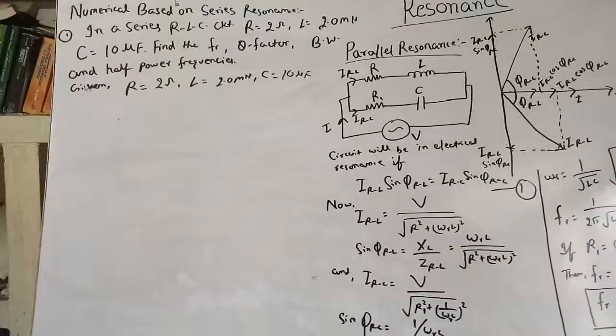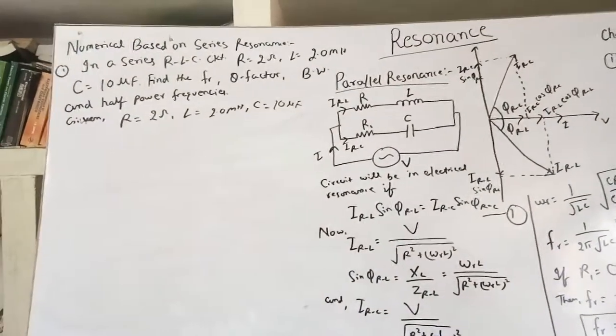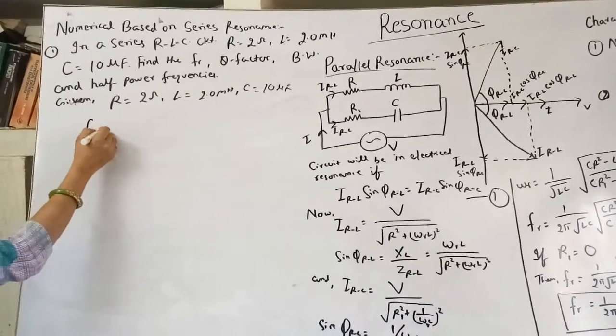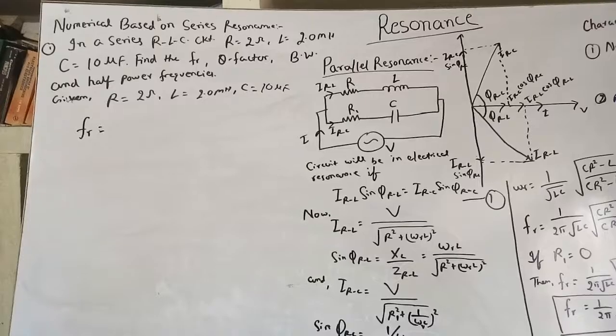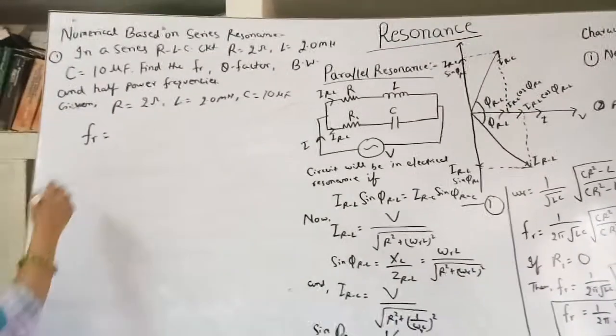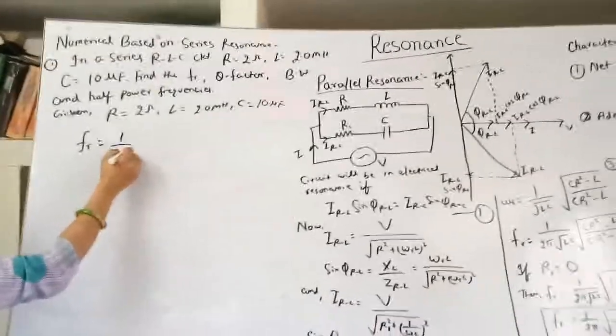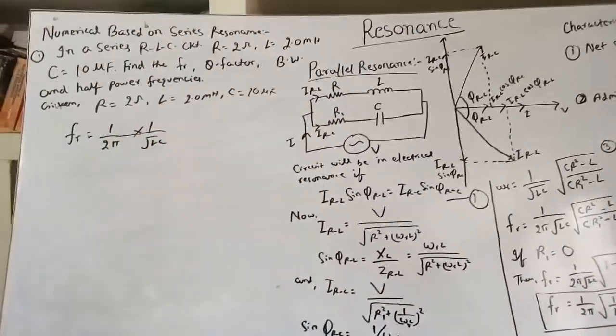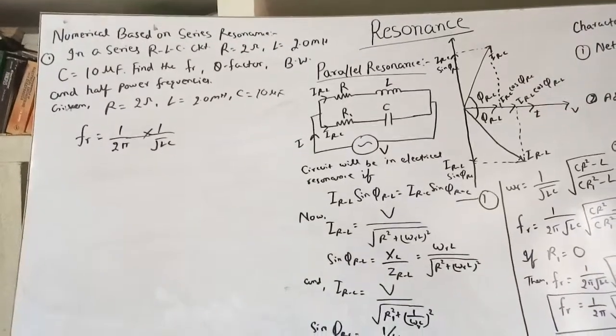So, what is the unknown value? FR, that is resonance frequency FR. As you know, resonance frequency for series RLC circuit is 1 upon 2 pi root under LC, which we have derived earlier.